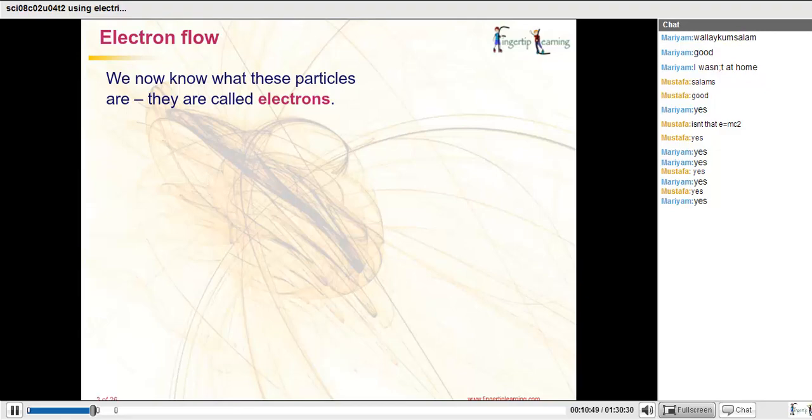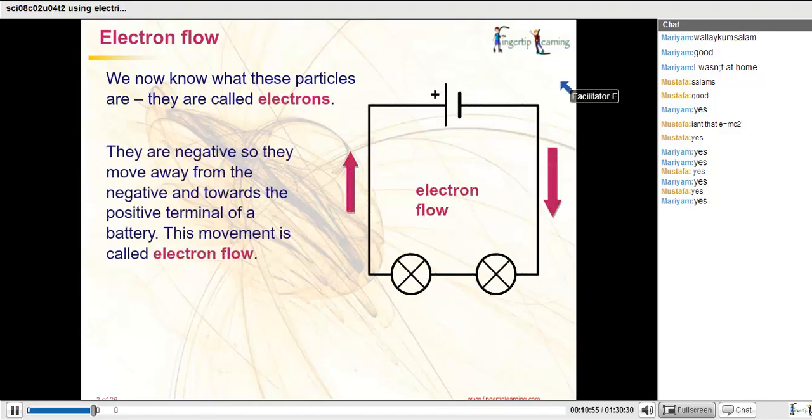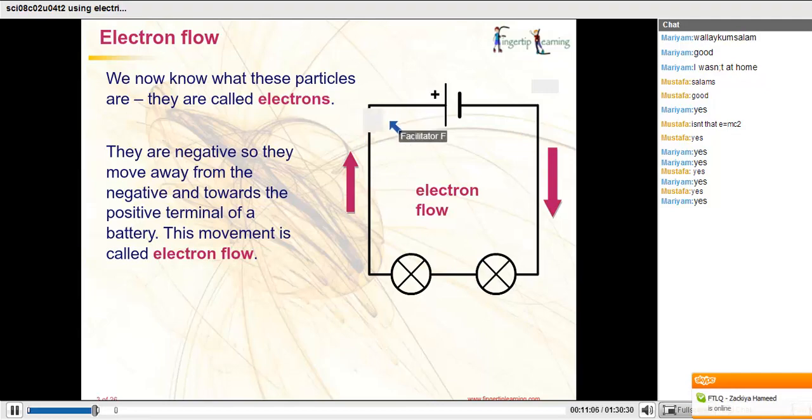But now we know these particles are called electrons, and they are negative. So they move away from the negative towards the positive. Moving from the negative to the positive is known as the electron flow. Moving from positive to negative is known as the conventional flow. Is that clear?